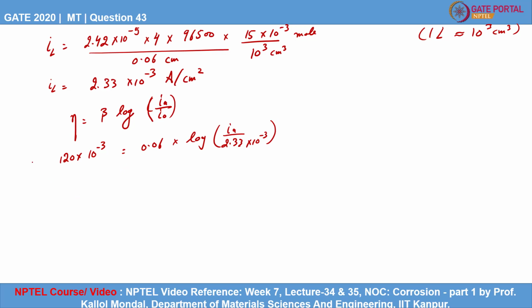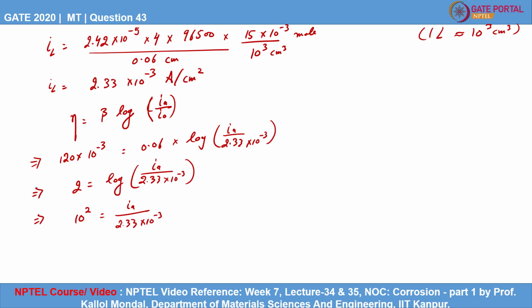Upon further simplifying, it will be log of IA upon 2.33 into 10 raised to power minus 3. Taking antilog on the other side, 10 raised to power 2 is IA upon 2.33 into 10 raised to power minus 3, or IA comes out to be 2.33 into 10 raised to power minus 1.